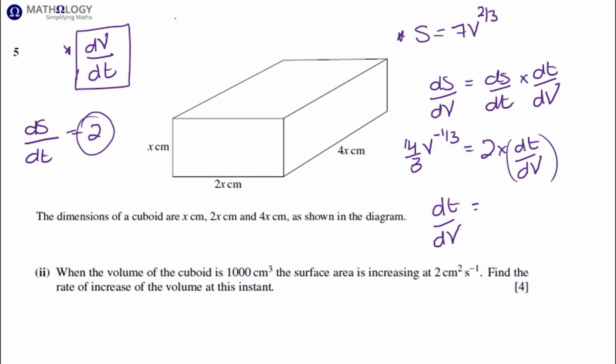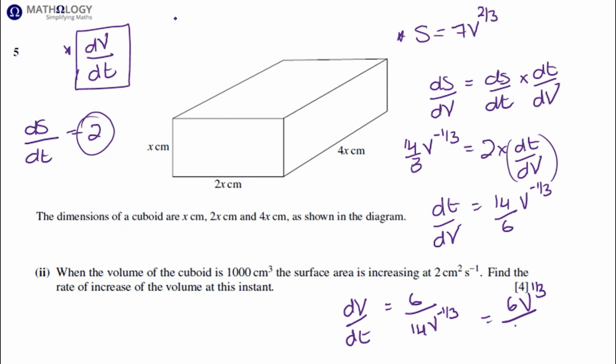dt/dV will be 14 over 6 V to the minus a third, and then we are just going to invert this such that we get dV/dt, and that will be 6 over 14 V to the minus a third, which is 6 V to the third over 14.